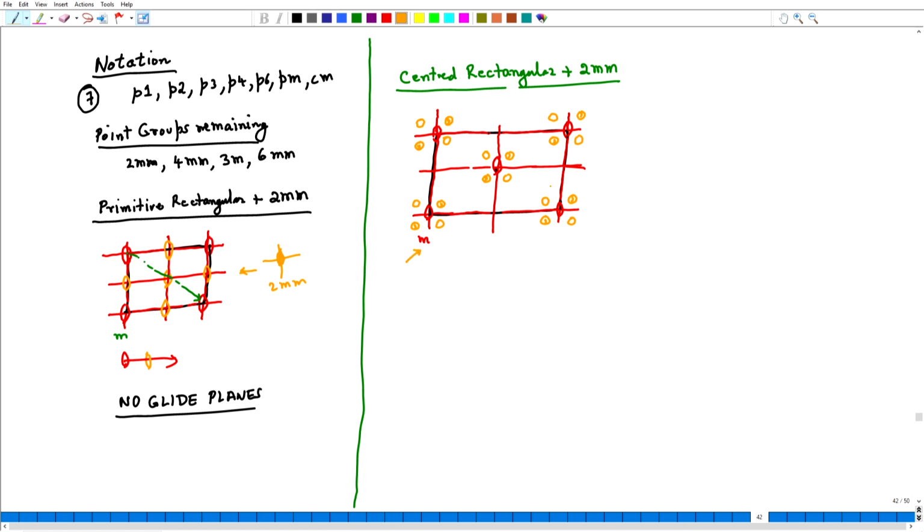So, for example, if I take this mirror and translation from the top corner to the center, this will produce a glide plane right here. And obviously, there will be another glide plane that will show up here as well.